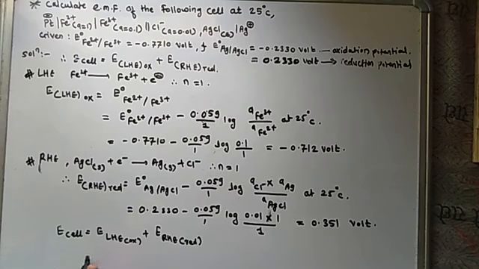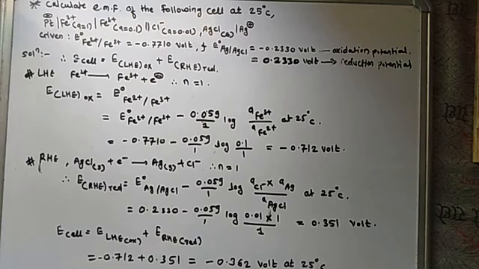The left-hand electrode of oxidation gives minus 0.712 volt, plus the right-hand electrode potential, 0.351 volt. Solving this, we get minus 0.362 volt at 25 degrees Celsius, which is a negative EMF.